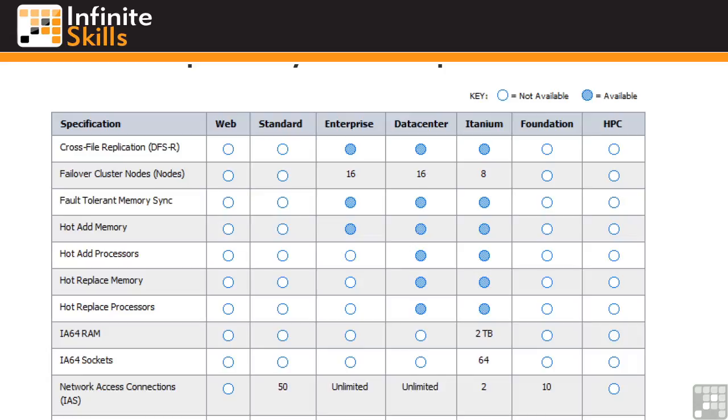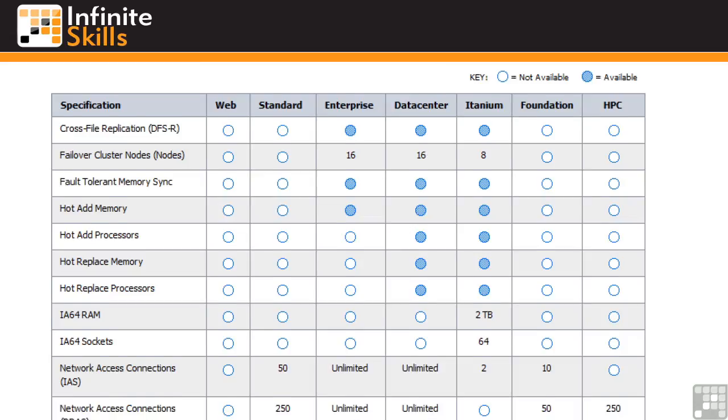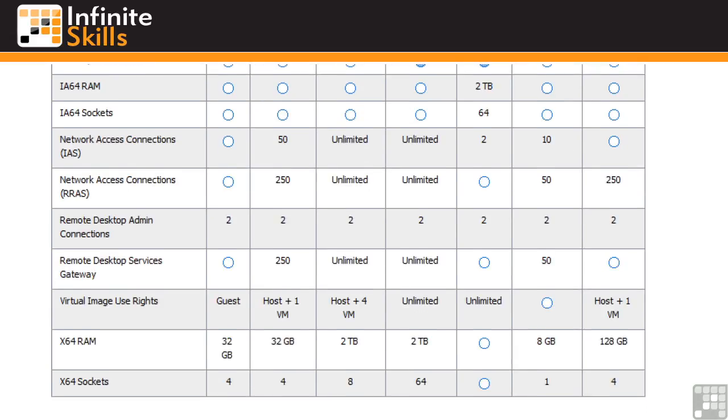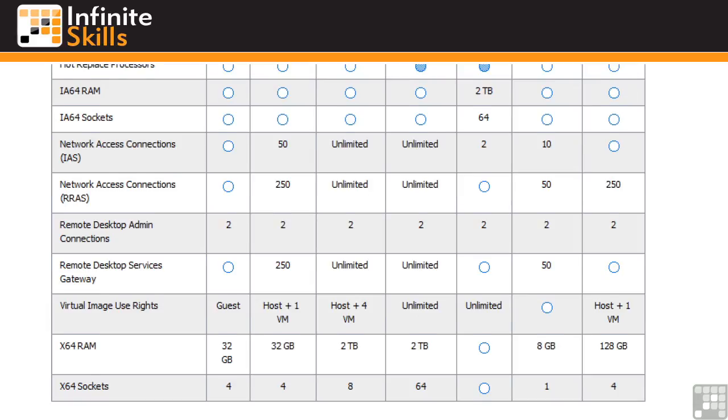In addition to the different capabilities, also there are differences regarding scalability. For example, the Standard Edition can accept 32 GB of RAM, whereas the Data Center Edition can take 2 TB of RAM. Also, there are differences in the number of processor sockets supported, with 4 for Standard, 8 for Enterprise, and 64 for Data Center.